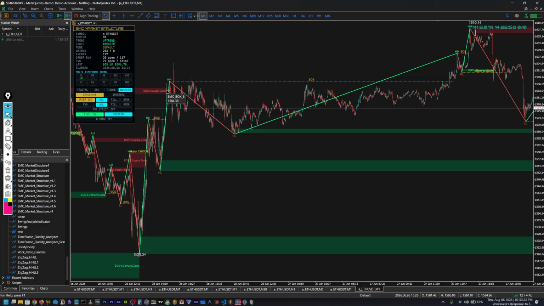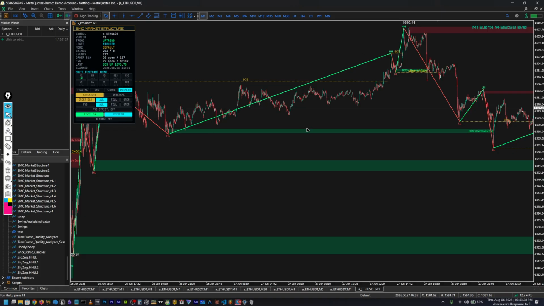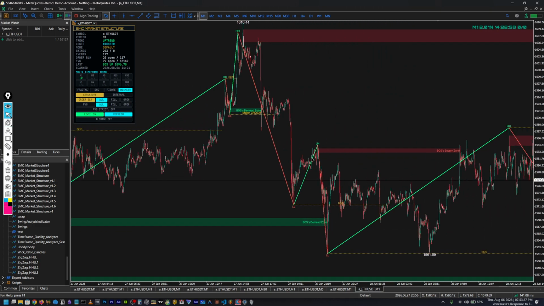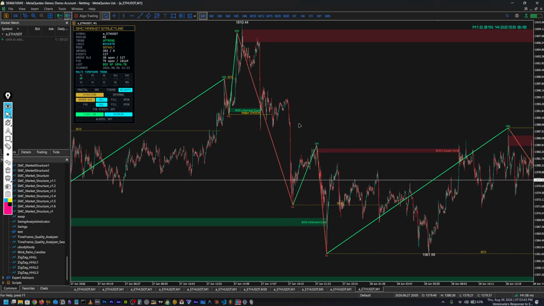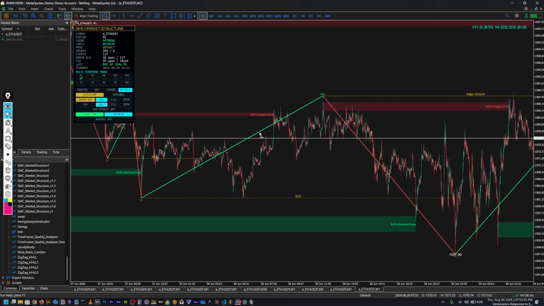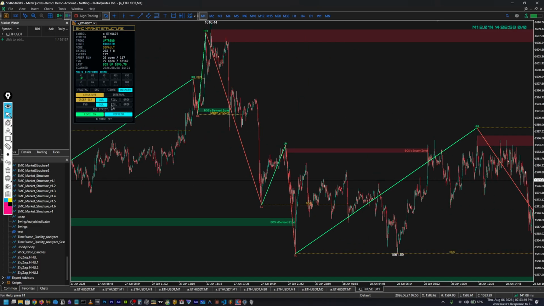So this rally was completed, but after that, let's say this was a higher low. So when price went up, this was an active order block. As you can see, the price came here and filled it. After filling it, price actually gave an up move, and here you have to see the FVG as well.